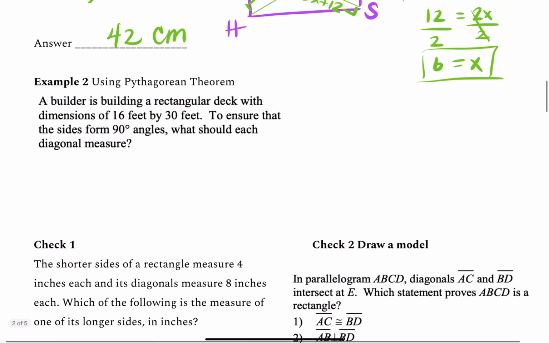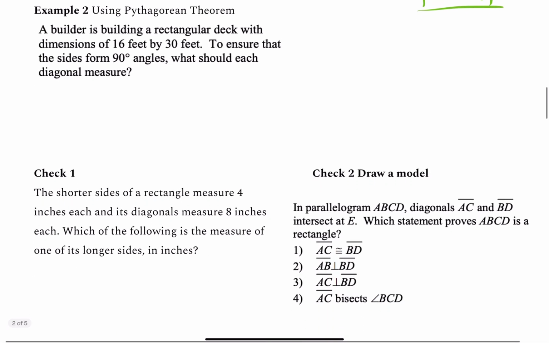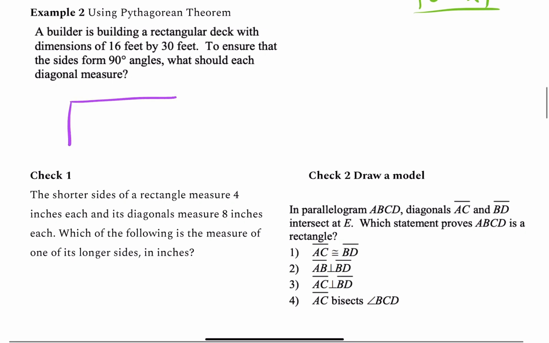Example 2, using the Pythagorean theorem. A builder is building a rectangular deck with the dimensions of 16 by 30 feet. So some of you will buy your own home one day, and you might want to build some stuff. Your deck will be 30 feet by 16 feet.